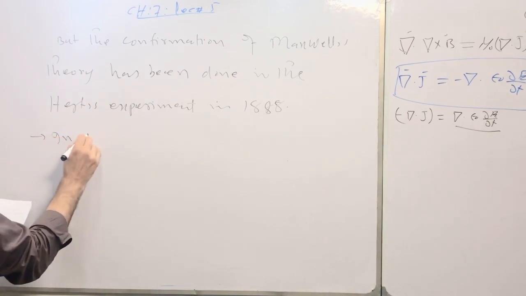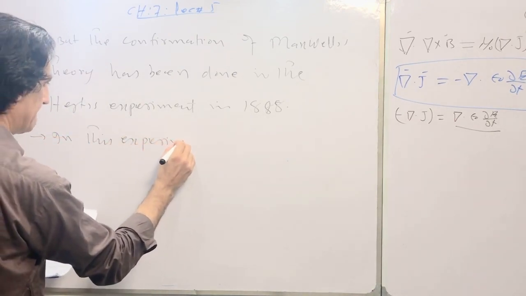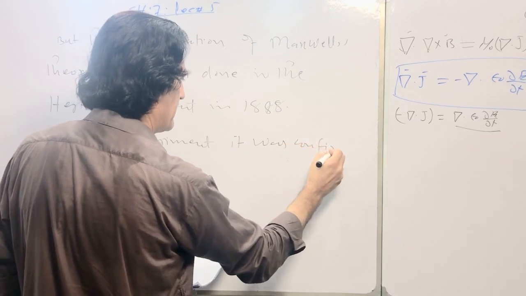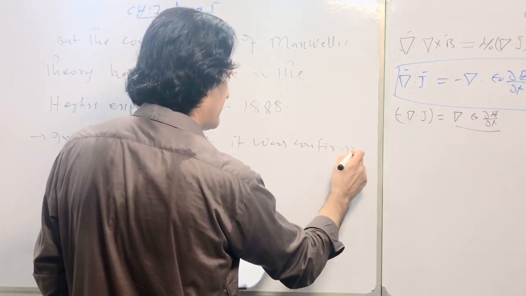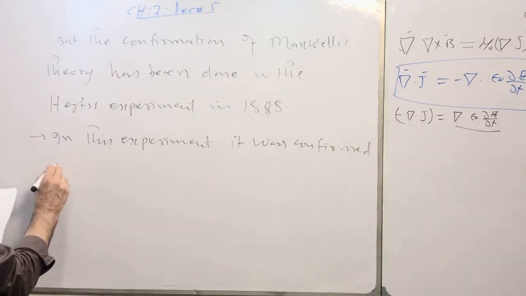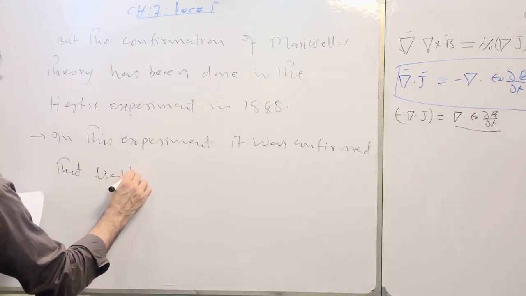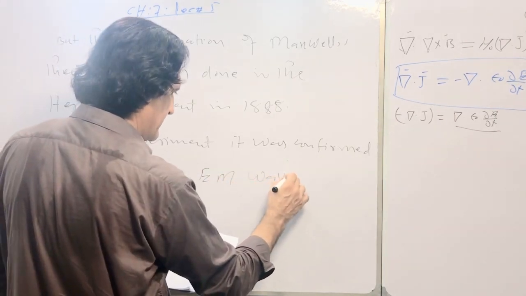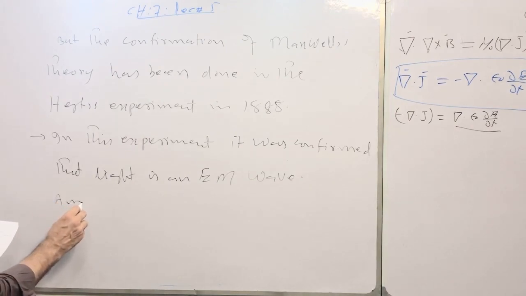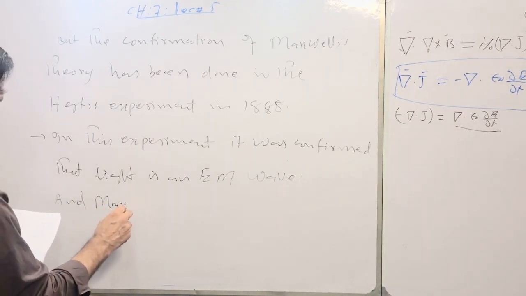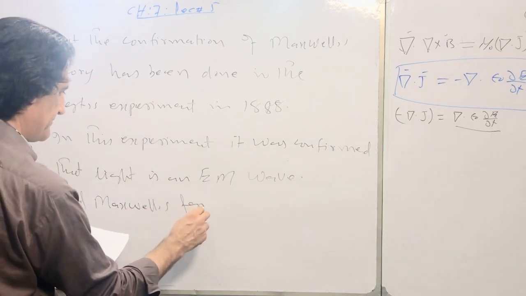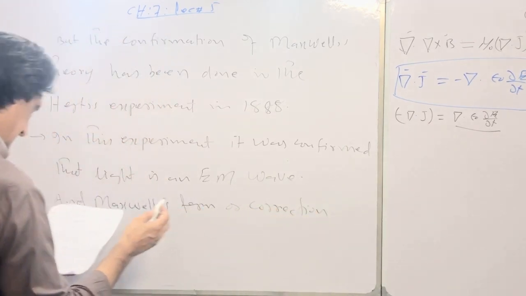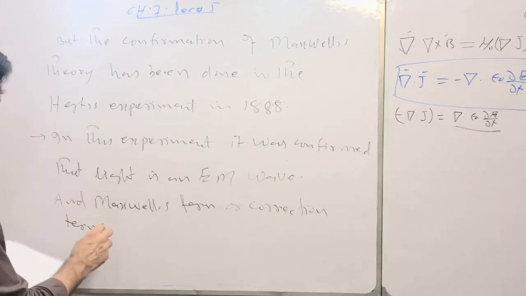In this experiment, it was confirmed that light is an electromagnetic wave, and the Maxwell term, also called the correction term, was confirmed.